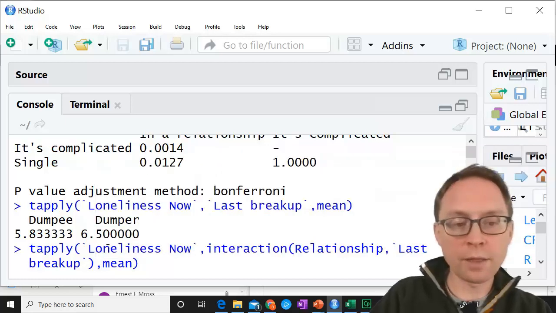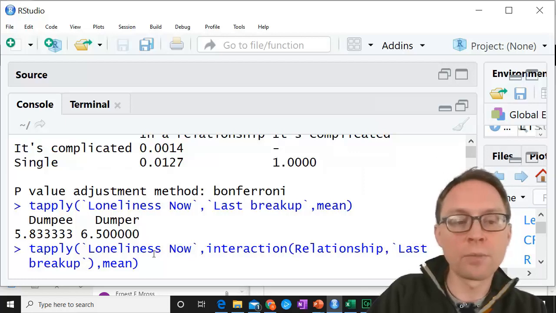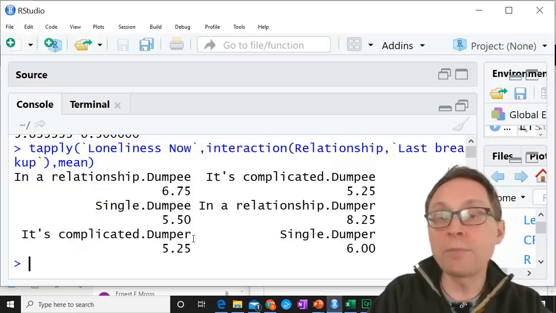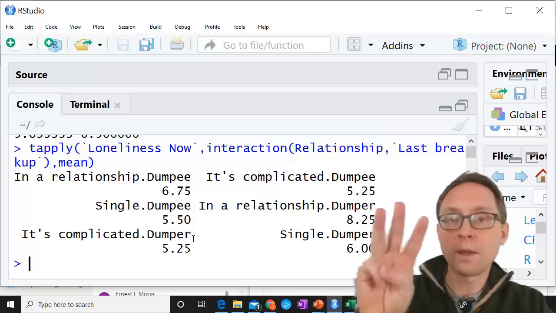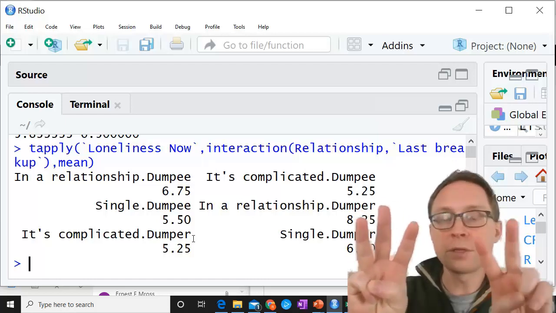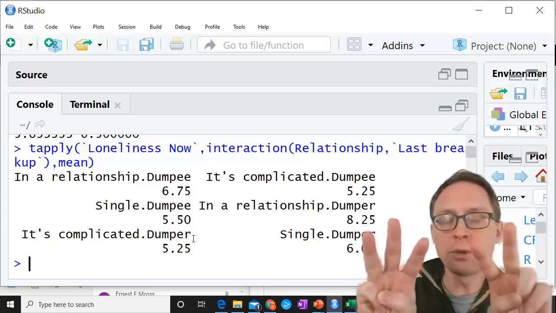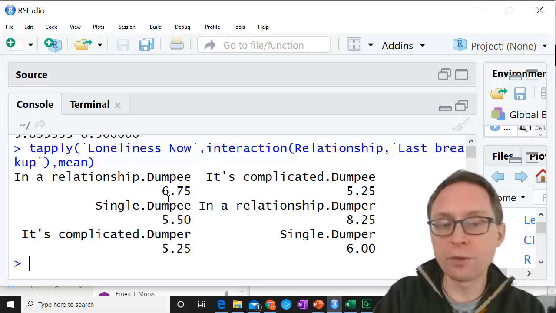So it should look like this: loneliness now, interaction, relationship, comma, last breakup, in parentheses, the mean. And this is saying that here are our different groups. Now remember, there's three different levels of relationship status. And then there's 2 levels of last breakup. That's a 3 by 2. 3 times 2 is 6. So that's why we have 6 different groups right here.